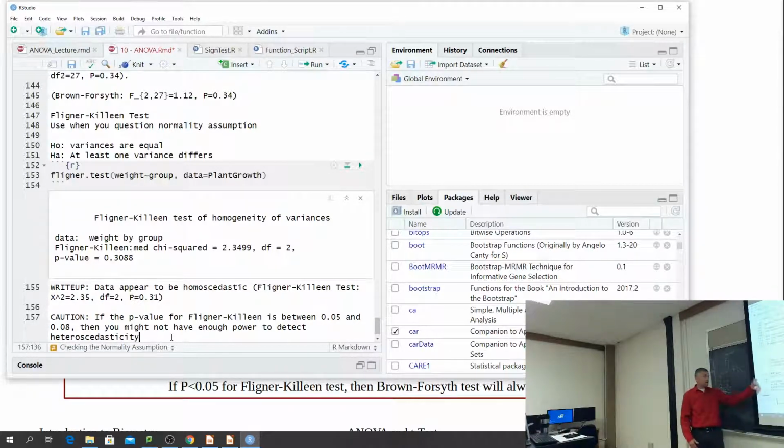Just be aware that we might not have enough power to detect unequal variances. And we should look at other things to say, okay, if we don't have enough power and we're close, are there alternative methods that we can use that don't make this equal variance assumption? And there are. So you can see what happens when we violate the assumption, and go from there.